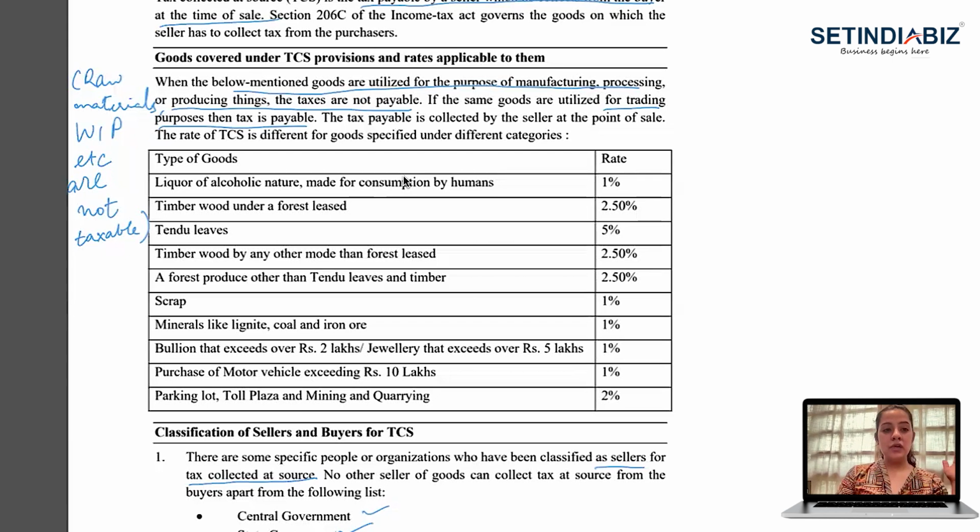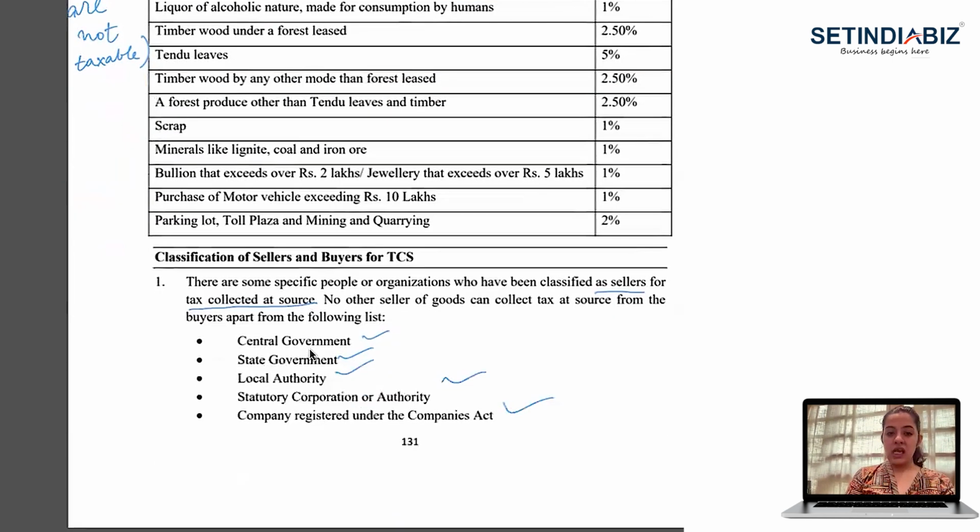So we have limits on which tax is applicable. If I'm selling a car priced above rupees 10 lakh, then TCS is applicable, right?